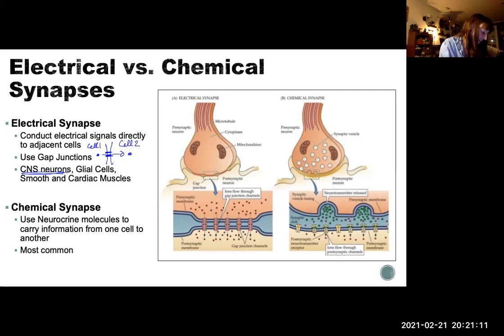Then chemical synapses are far more common, okay? Neurocrine molecules, basically, when we're talking about a chemical synapse, technically the neurotransmitter in that case is a chemical, which we call a neurocrine molecule.